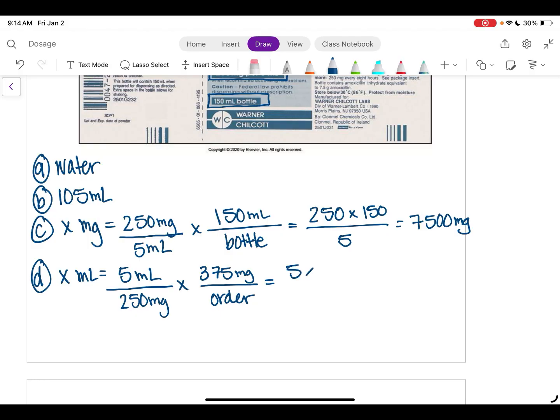So 5 times 375, and then divide by 250. 7.5 milliliters per dose, right?